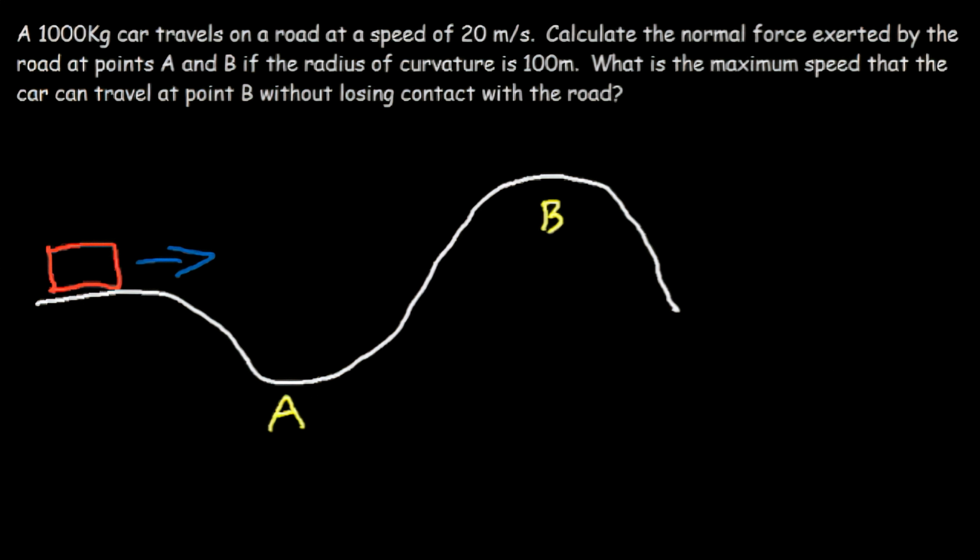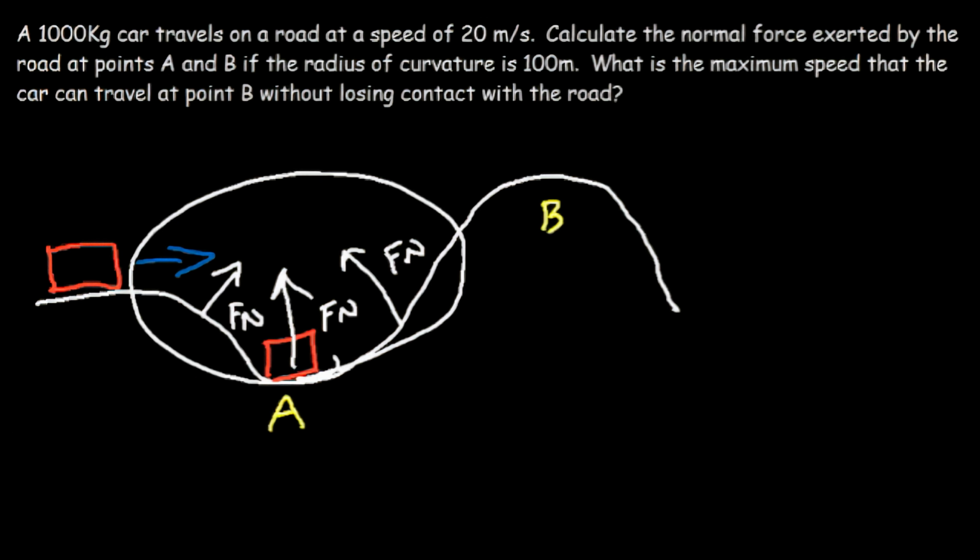So while the car is moving at point A, the normal force has to apply a force to change the direction of the car. Notice that the normal force points towards the center of this circle. So in that case, the normal force provides the centripetal force. But not only does it provide the centripetal force, it must also support the weight of the car.